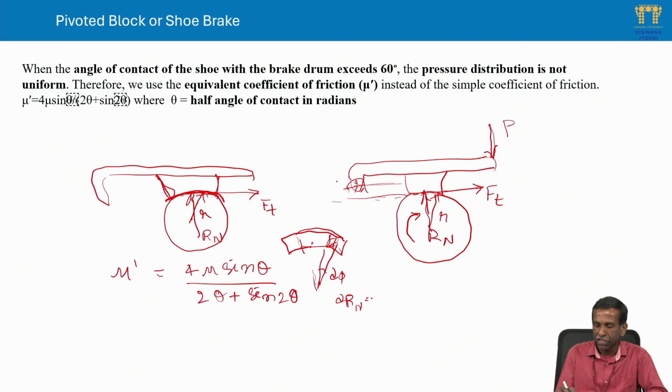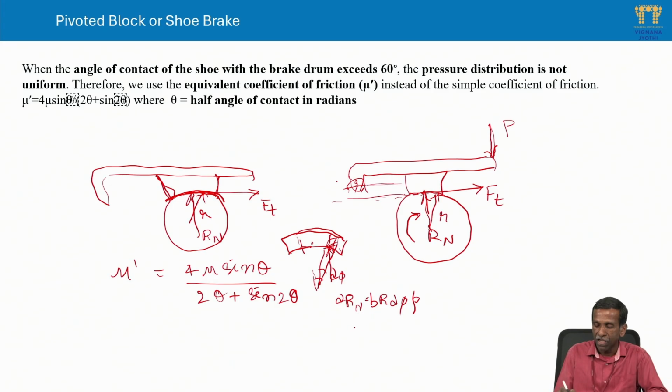You know that the total angle is theta, so on this element, r dφ is the length of this element, into b, the width, is the area of contact.